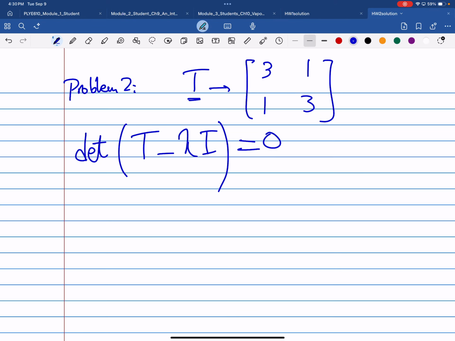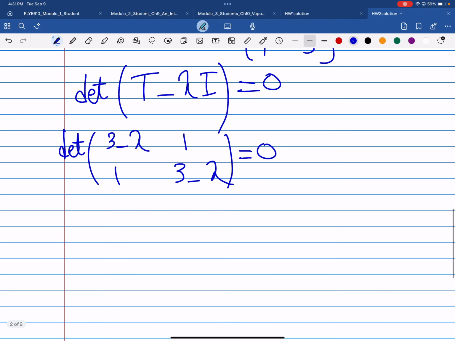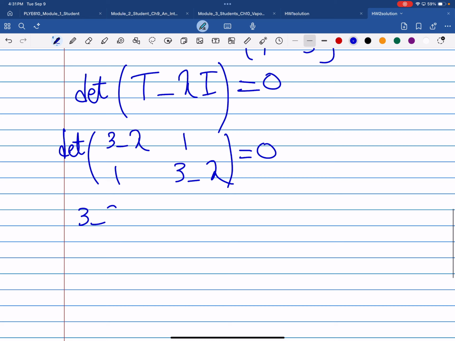Here I'm going to have 3 minus lambda, 1, 1, 3 minus lambda. The determinant of this must be 0. So (3 minus lambda) squared minus 1 is equal to 0.